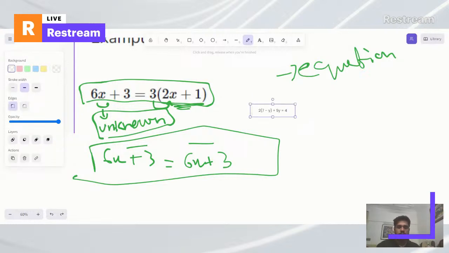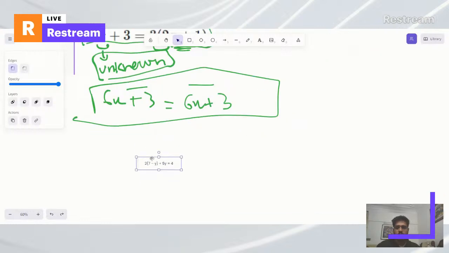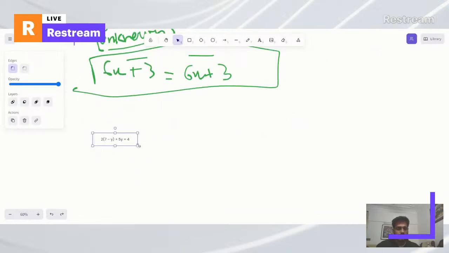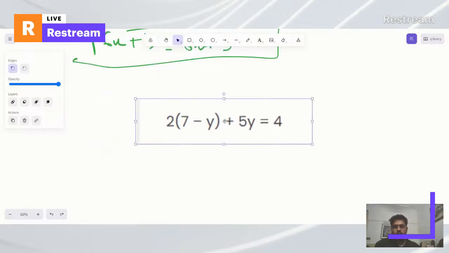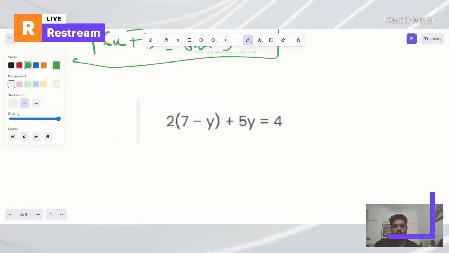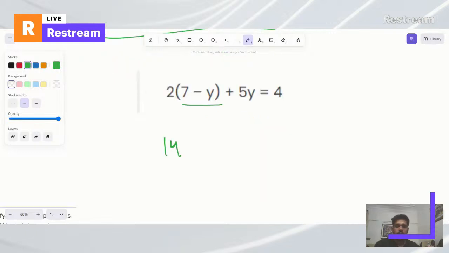All right, so this is the equation right now, right? The next equation is this. So how do we solve it? Similarly, we're going to multiply 2 with this whole bracket. So it's going to be 2 times 7. It's going to become 14, right? And then 2 multiplied by y as well, so it's going to be negative 2y, right? Plus 5y equals 4, right?